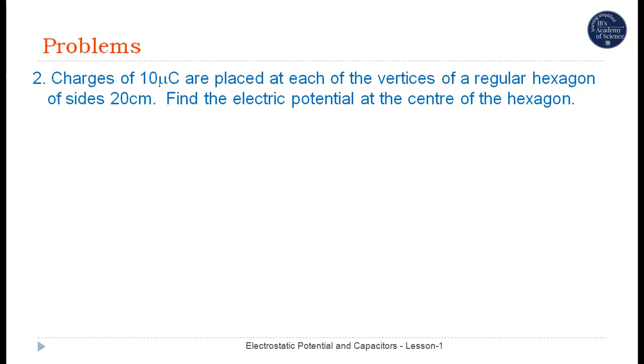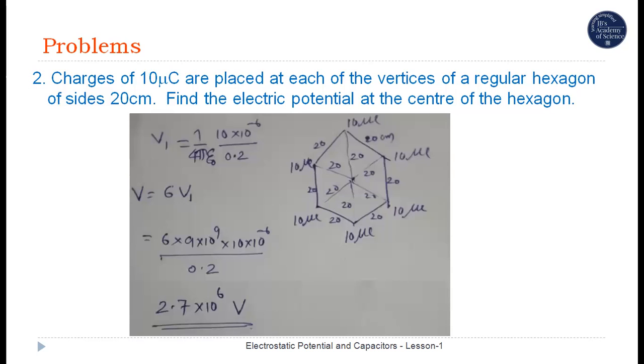Charges of 10 microcoulomb are placed at each of the vertices of a regular hexagon of sides 20 centimeter. Find the electric potential at the center of the hexagon. A regular hexagon, 10 microcoulomb charges are kept at each of the vertices.